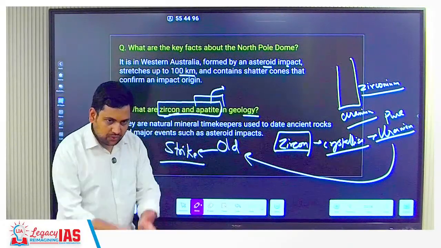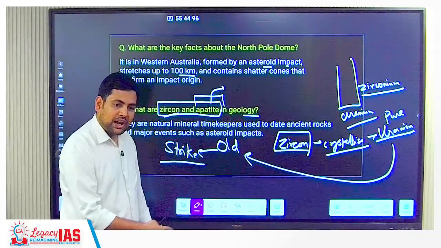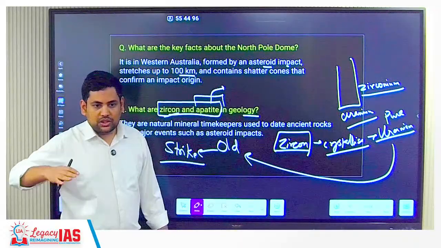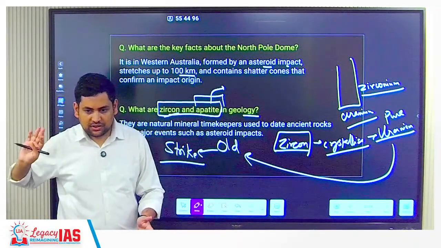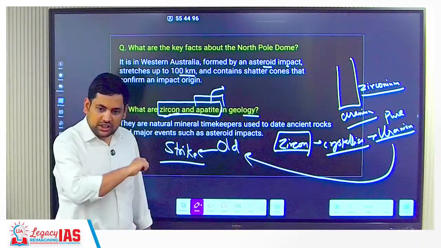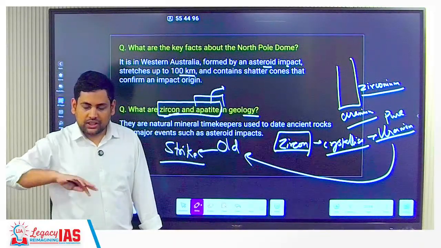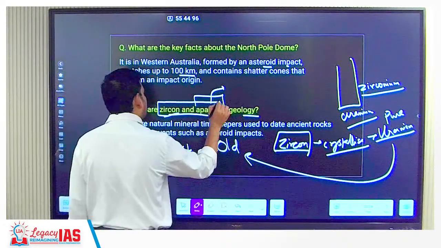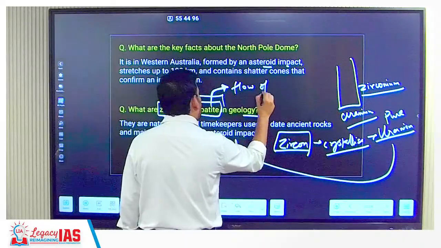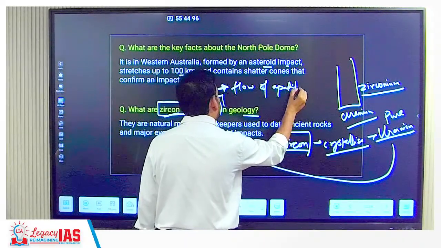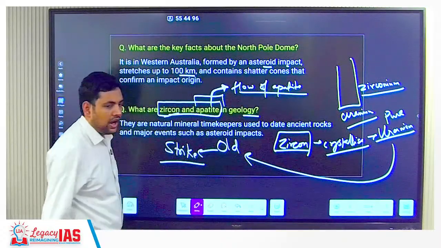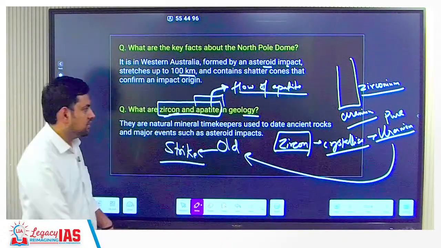For example, it struck only in a 1 kilometer radius, but the impact would have extended to 100 kilometers, and slowly there would have been some more impact over time, some new compounds and so on. Now who will give you that dynamic nature, that how things changed? That is calculated using the flow of apatite. So this gives you the initial strike, and apatite gives you how the flow or the changes occurred.